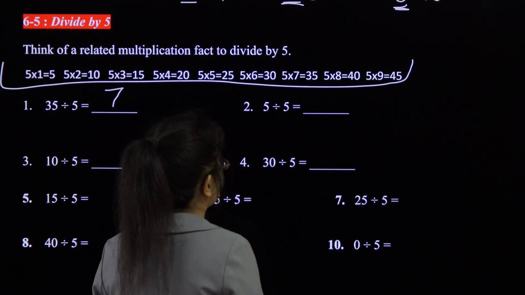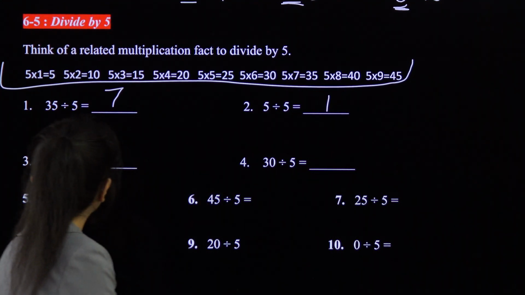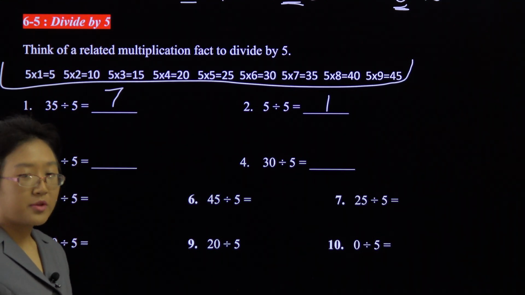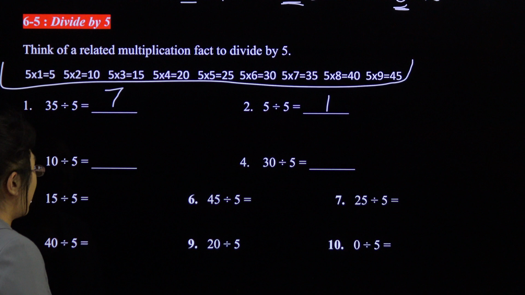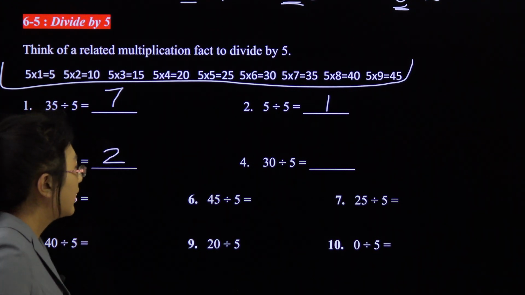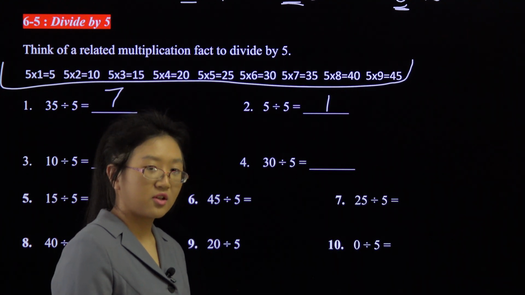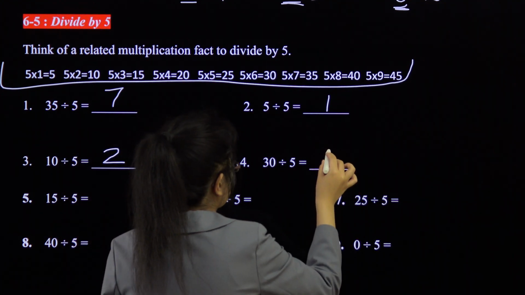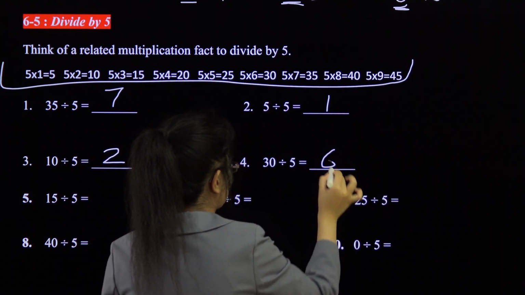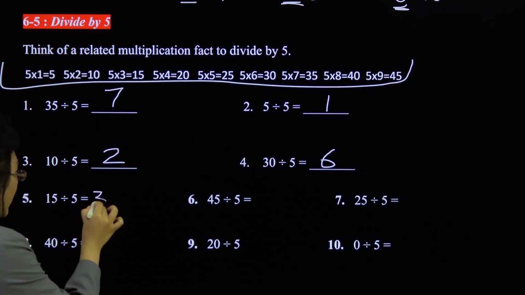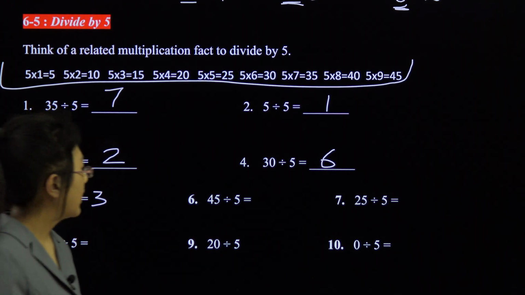So 5 divided by 5 is 1. 10 divided by 5. 5 times 2 equals 10. 10 divided by 5 equals 2. 30 divided by 5. 5 times 6 equals 30. 30 divided by 5 equals 6. 15 divided by 5. 5 times 3 equals 15. So 15 divided by 5 equals 3.